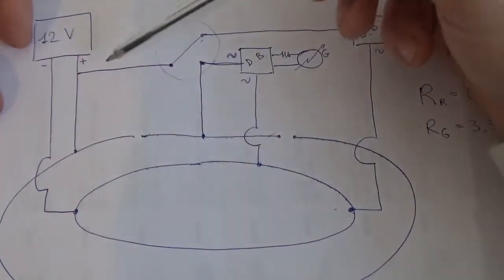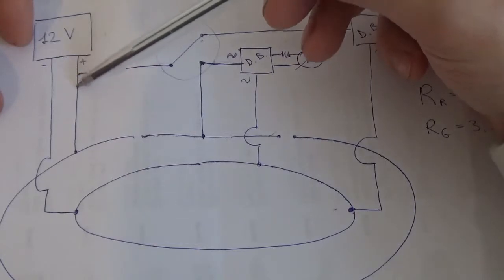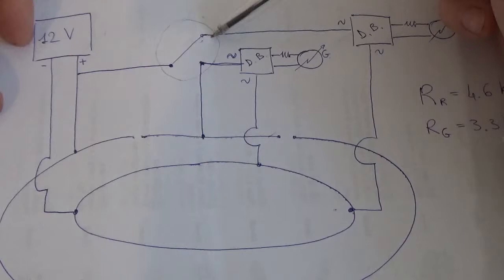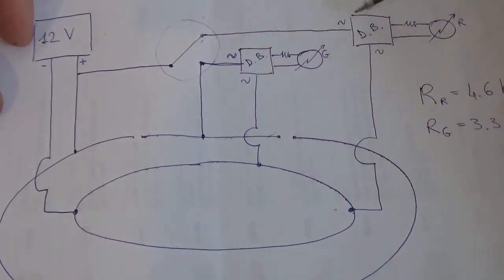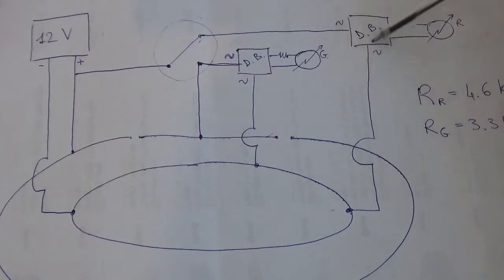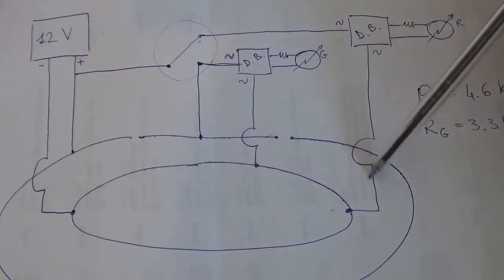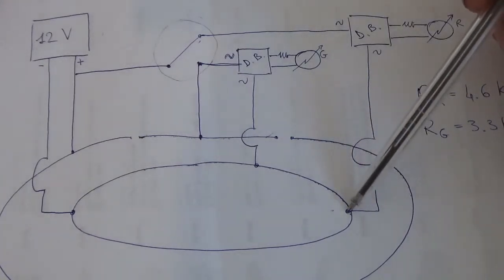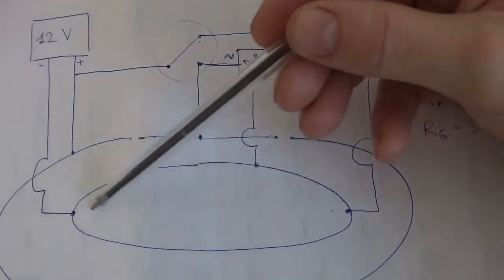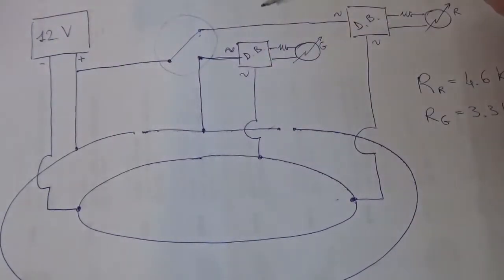In this scenario, the electric current flows in this direction. It goes through the switch this way, makes its way to the diode bridge, goes to the red LED powering it up, and then goes out. The current keeps flowing in this direction, goes to this side of the rails here, and comes out over here, closing the circuit.